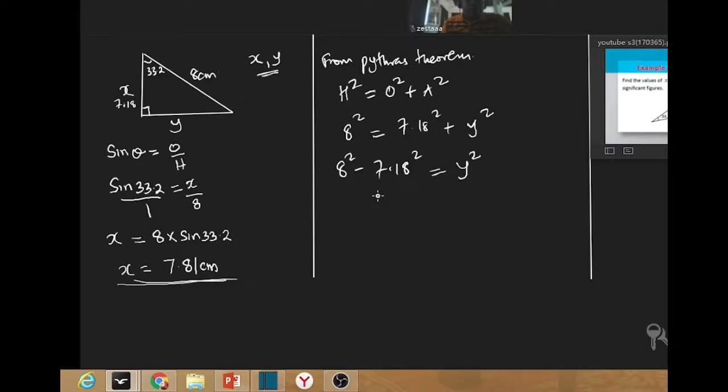We shall come up with 12.44, which is equal to y squared. Get the root of this.